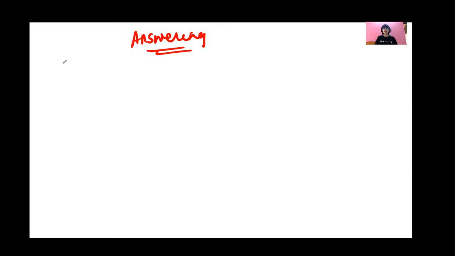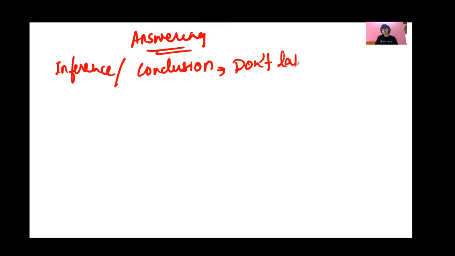The next part is the answering part. When you answer your questions, and when you have questions related to inference or conclusion, draw a conclusion, draw an inference, then don't take extreme steps. When I say don't take extreme steps, I mean avoid extreme words.